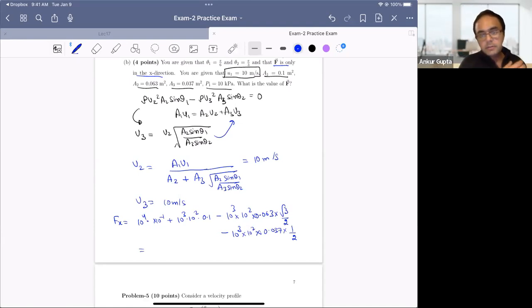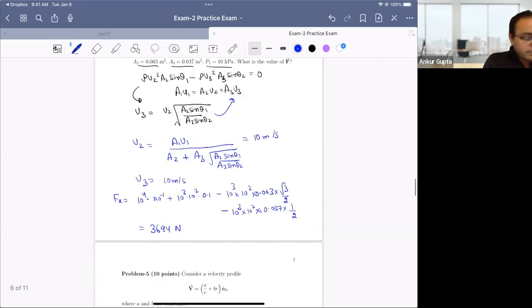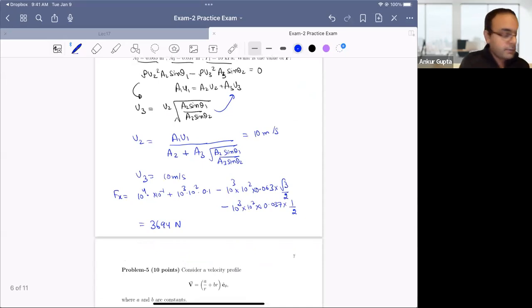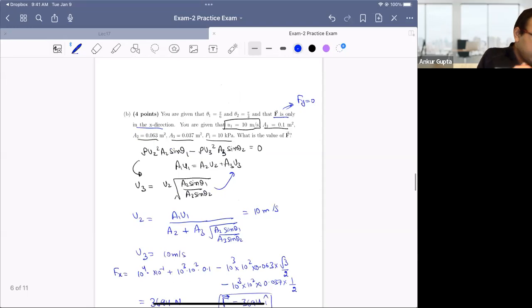So that comes out to be 3694 newtons. All right. So that's the value of fx. And by the way, this is all my f vector because fy is 0. So f vector is 3694 newtons, since fy is 0.